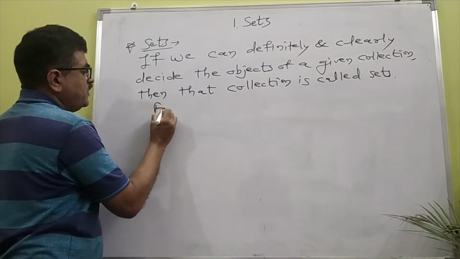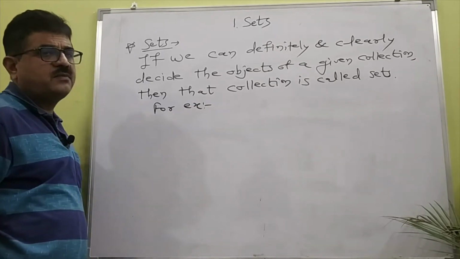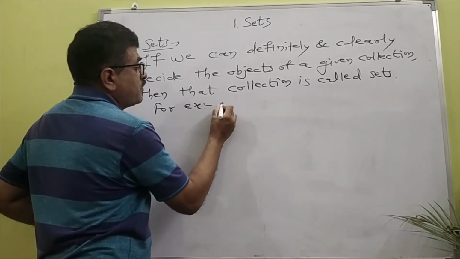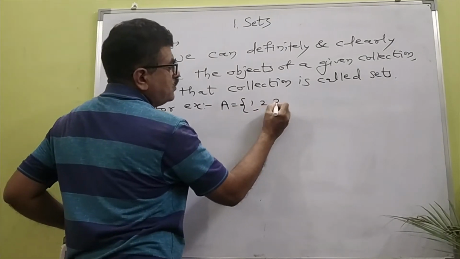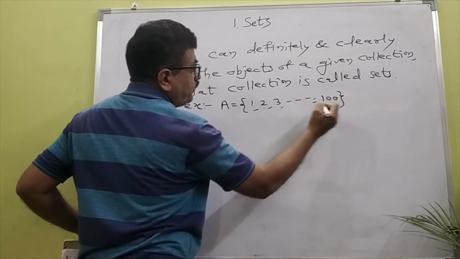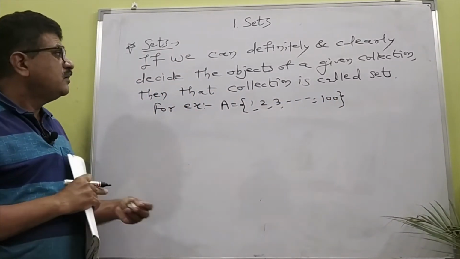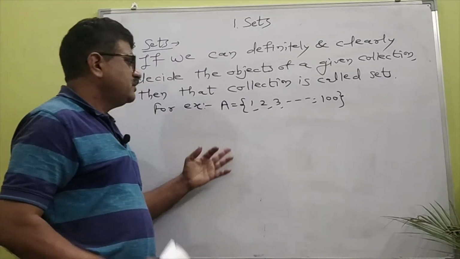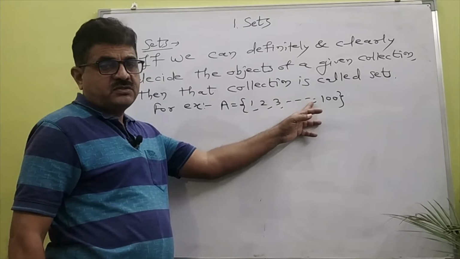Now for example, suppose A is a set of numbers 1, 2, 3, last element is 100. Now we can definitely tell there are 100 numbers.